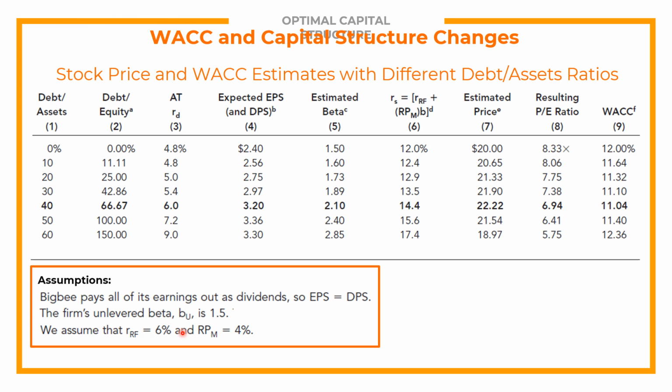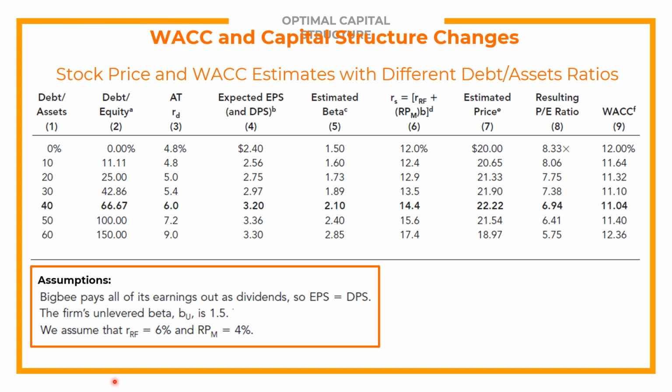So our EPS is equal to our DPS, and then our firm's unlevered beta is 1.5. Okay, so unlevered beta, if there is no debt, the Big B company will not put debt into their capital mix, then its beta is 1.5.